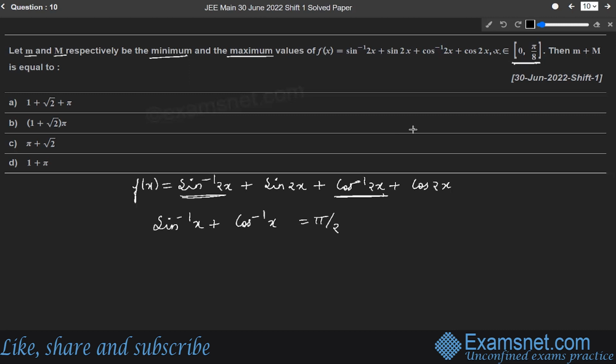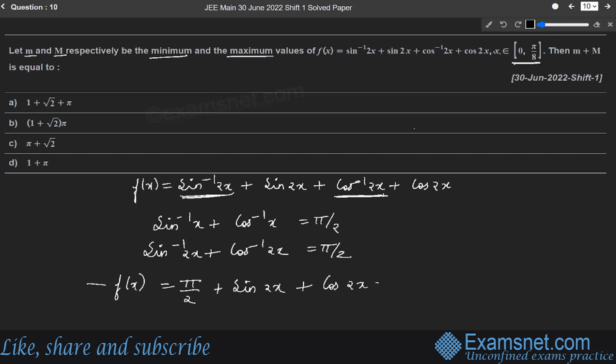This is a very basic formula. Therefore, sine inverse 2x plus cos inverse 2x will also be equal to pi by 2. So in place of both these terms, we can directly write pi by 2, right? So f of x is equal to pi by 2 plus. Now what are the remaining terms? Sine 2x plus cos 2x.